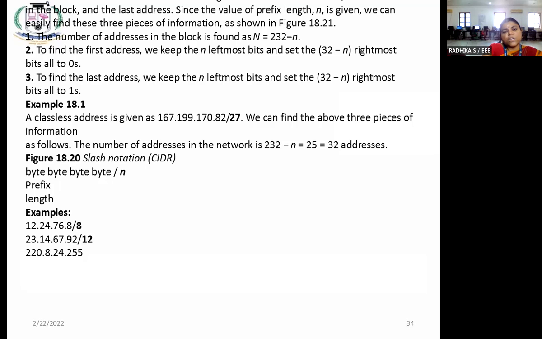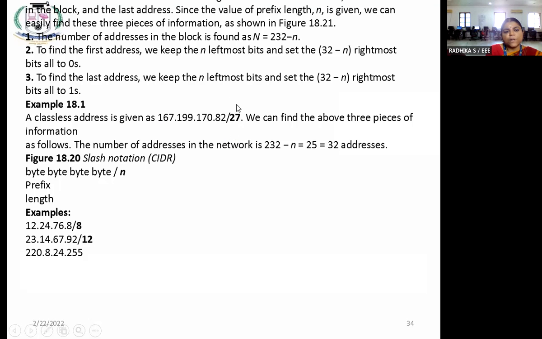So what is actually happening in classless addressing? You can see in the decimal dotted notation, this is an address: 167.199.170.82, and we use a slash followed by a number here.